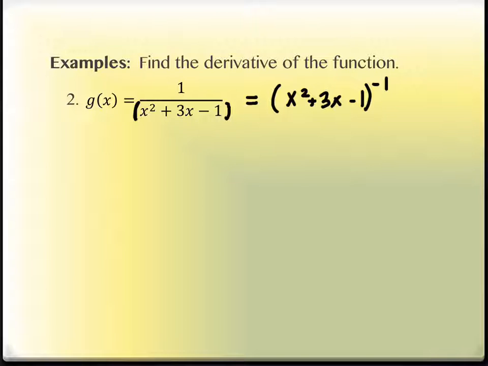But if I take all of it up as a whole, put parentheses around it, and use all of that to the negative 1, then that is correct rewriting notation. And doesn't it kind of feel like the last problem? I've got something with an exponent. So this is the red part that I was talking about on the last problem. All right, so we're going to do g prime of x.